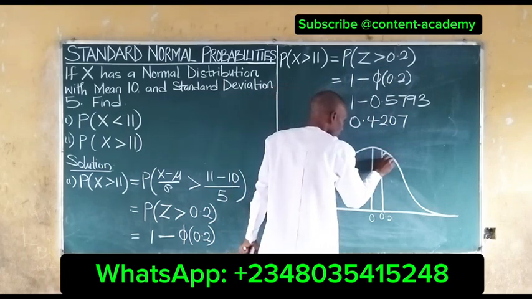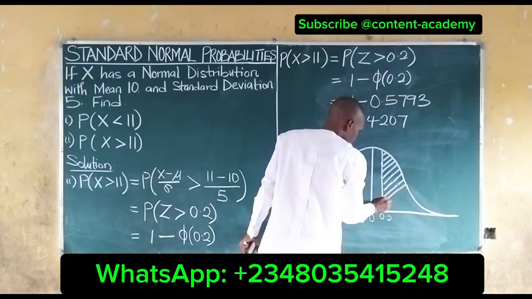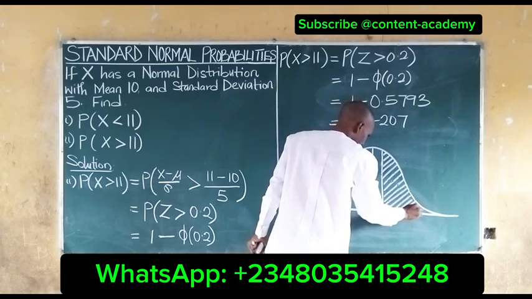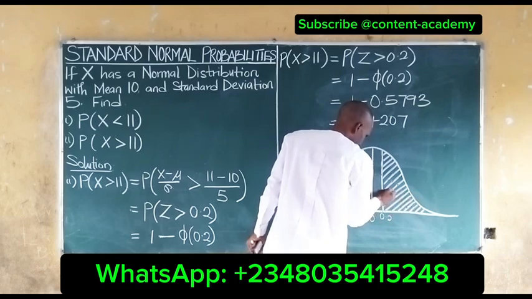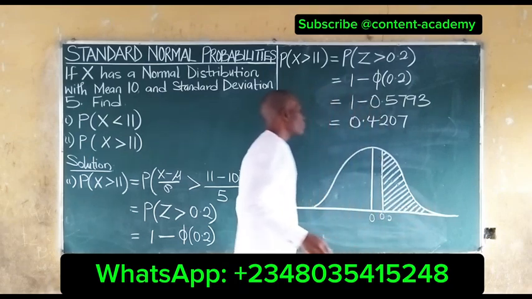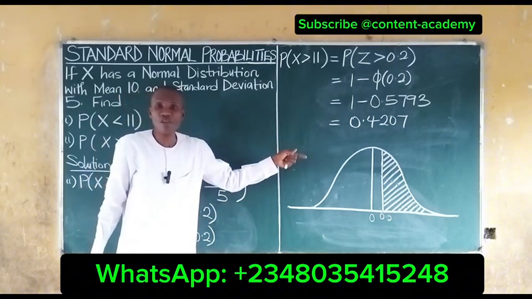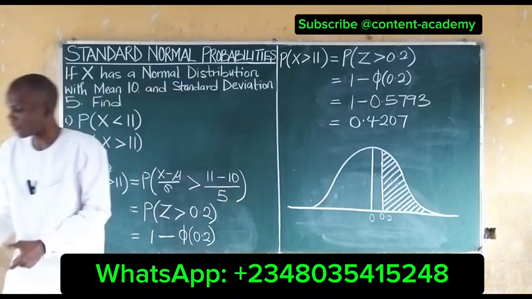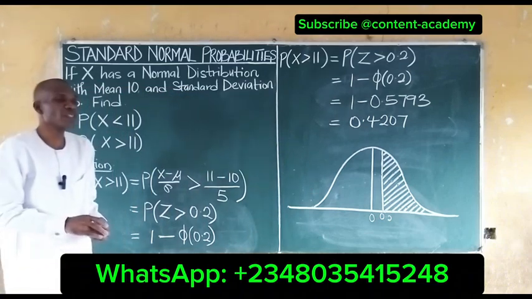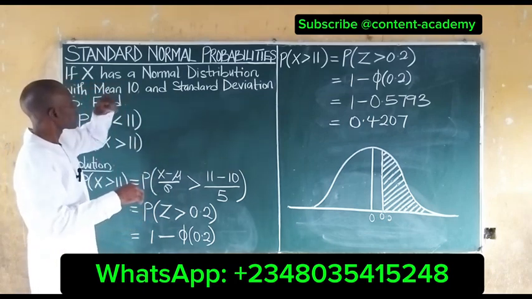We'll just put it here this way. So this is simply how we can compute the standard normal probability.